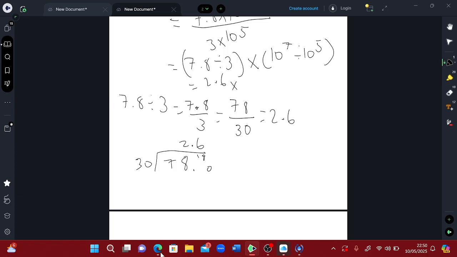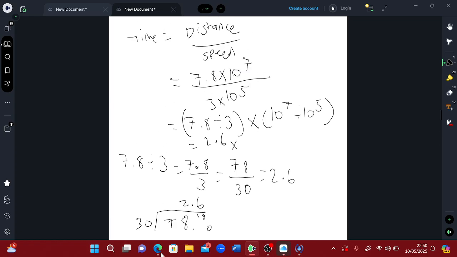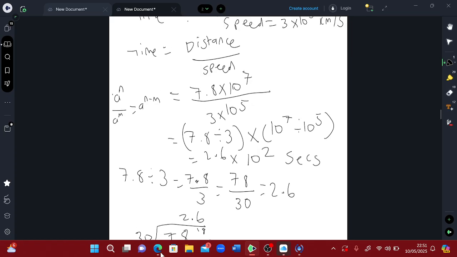Now this is like the opposite of adding two powers together. When you divide, so a to the n over a to the m, you subtract them. So this is going to be 10 to the 7 minus 5, which is going to be 2. And that is going to be your answer in seconds, obviously, because it's time.